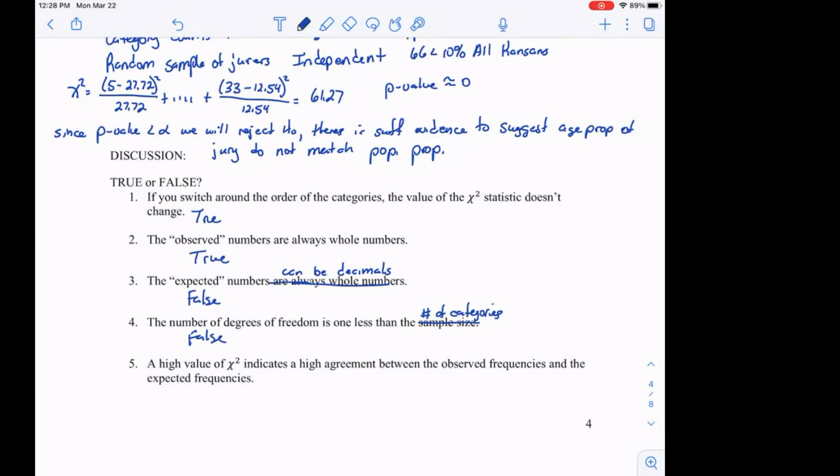And a high chi-squared value indicates a high agreement between the observed frequencies and the expected frequencies. Okay. All right, I'm going to stop this recording.